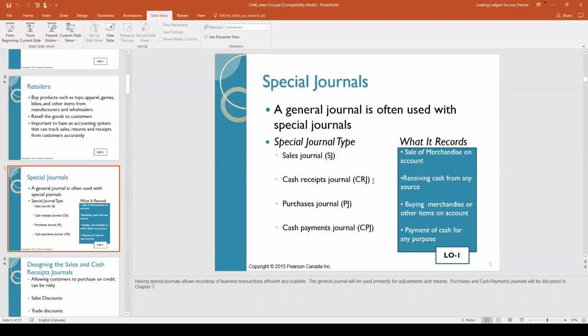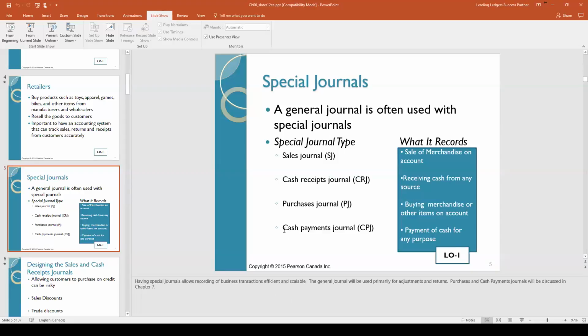It could be money from cash sales being recorded at the end of the month, or maybe every week. It could also be investments by the owner or the partners. The company is receiving cash. So those transactions all go into the cash receipts journal.